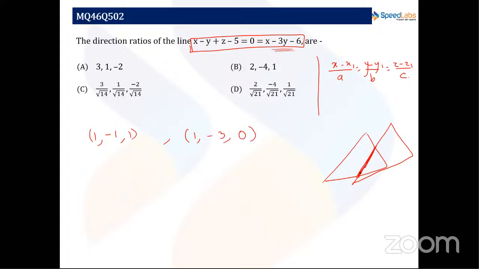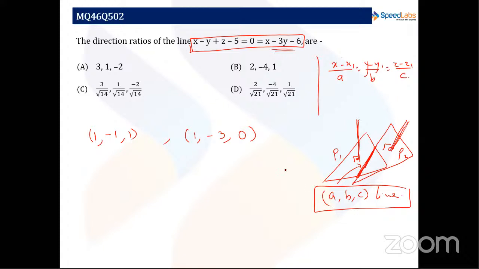Let's say we are having this line and this line is along the plane, and the direction ratios of the line be a, b, c. 1, minus 1 and 1 are direction ratios of the perpendicular to plane 1. 1, minus 3 and 0 are direction ratios of the perpendicular to plane 2. So this line will be perpendicular to both these direction ratios.